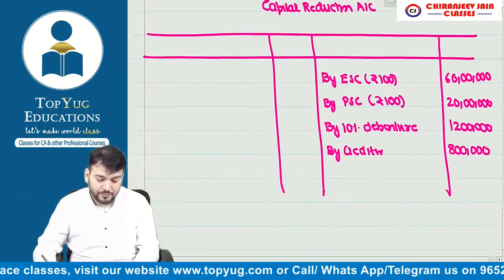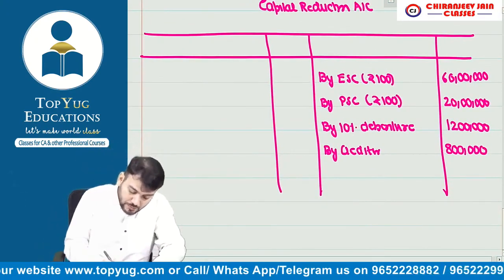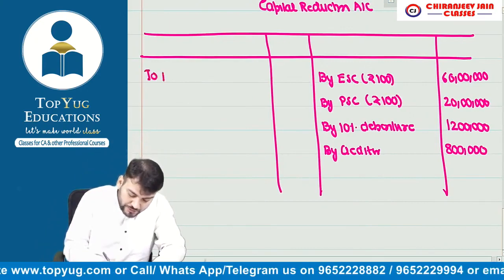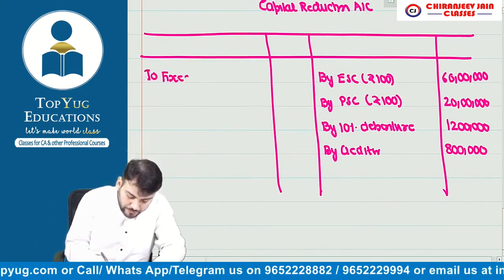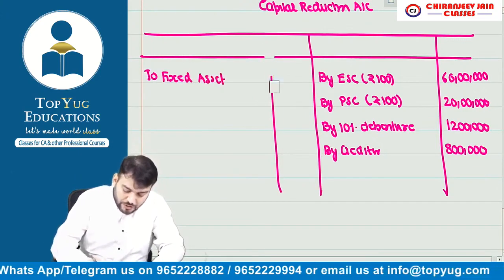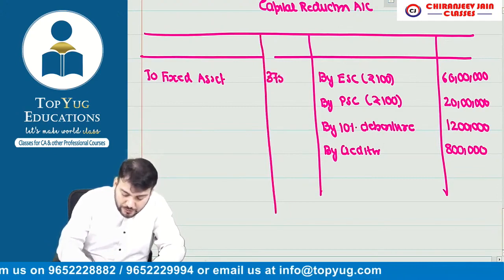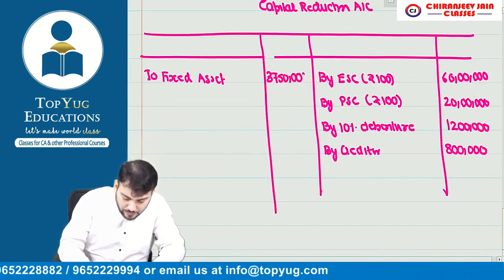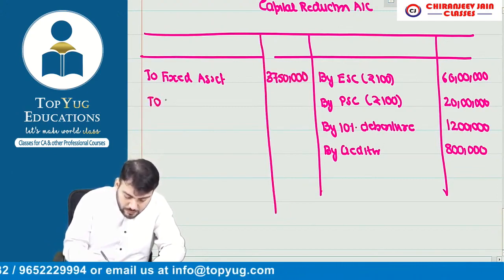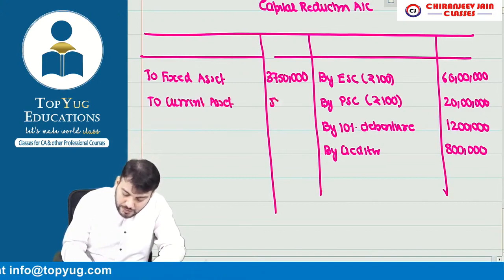Okay, sir. Then we have all the assets. To fixed assets, how much? 37 lakh 50,000. To current assets, it is 55 lakh.